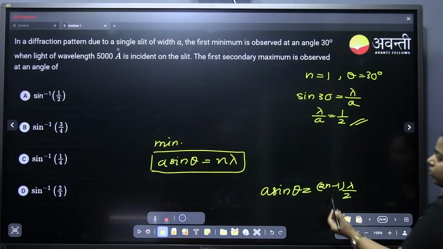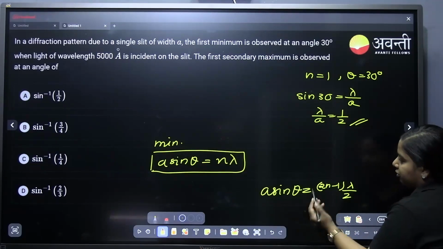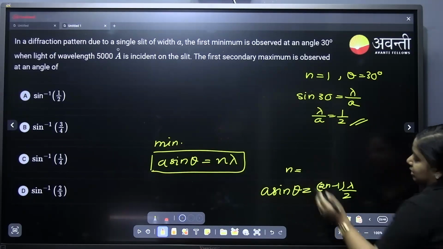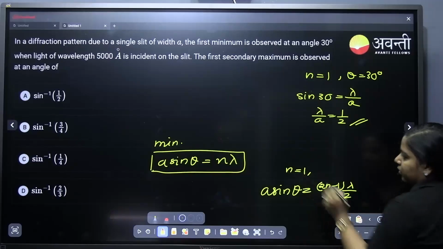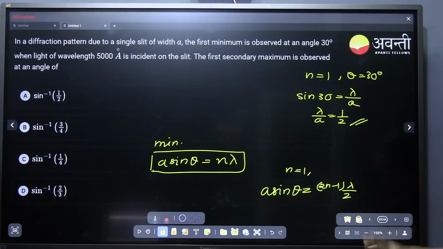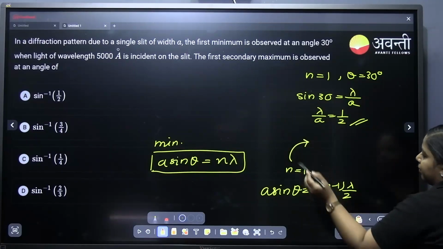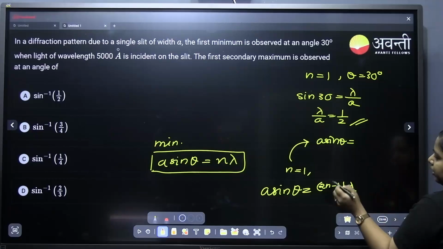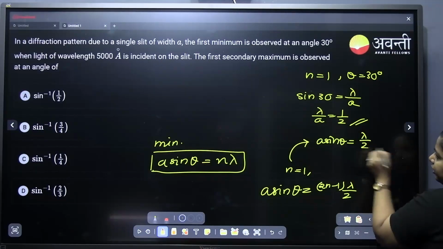Now we have to find this angle for n equal to 1. Okay, first secondary maxima we have to find. So for n equal to 1, what will happen? a sin theta equal to lambda by 2.